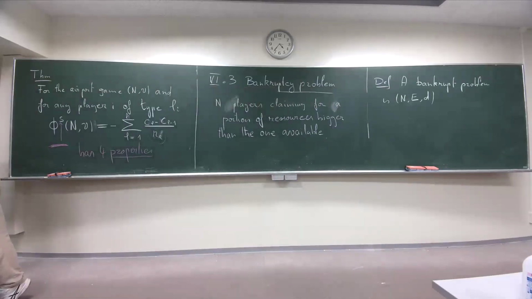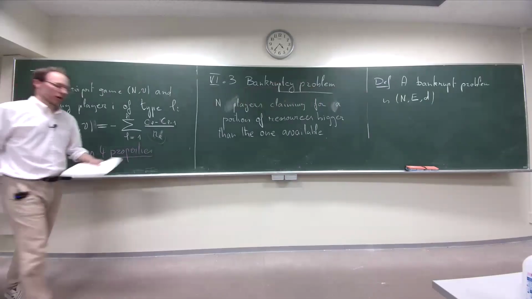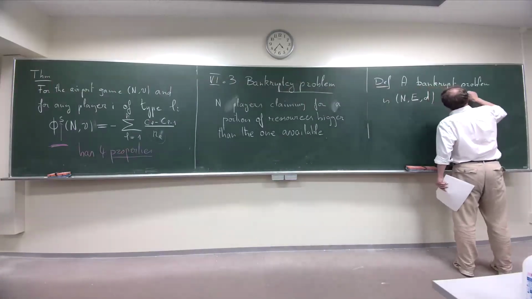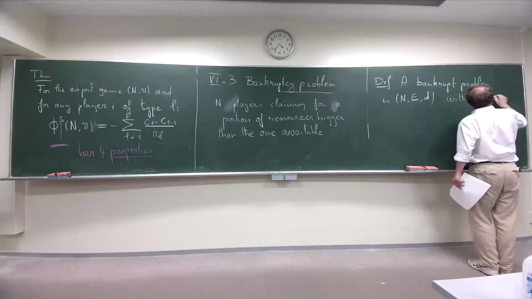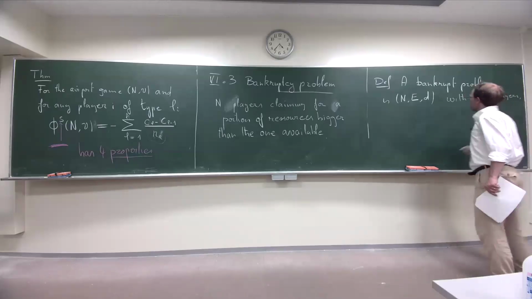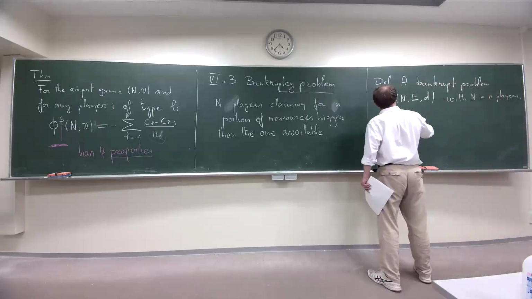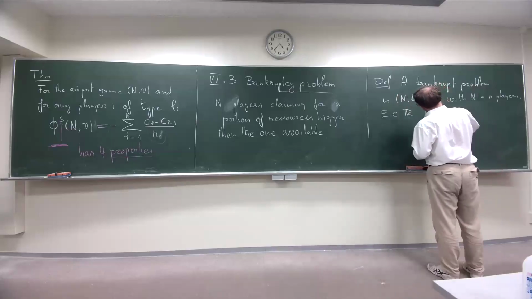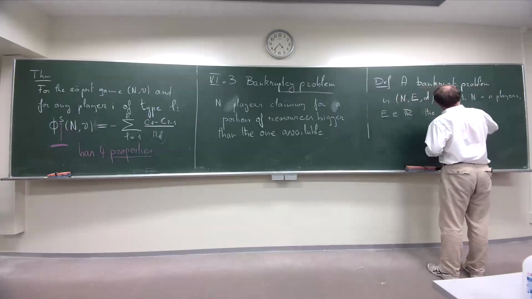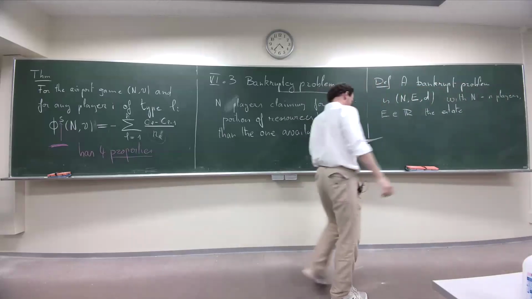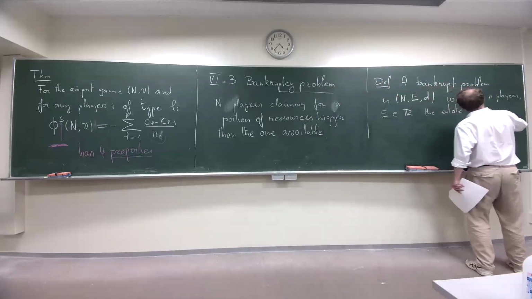E is just one number. So with N players, E is always a real number, which is called the estate, which means the resource, what is available. Money available.